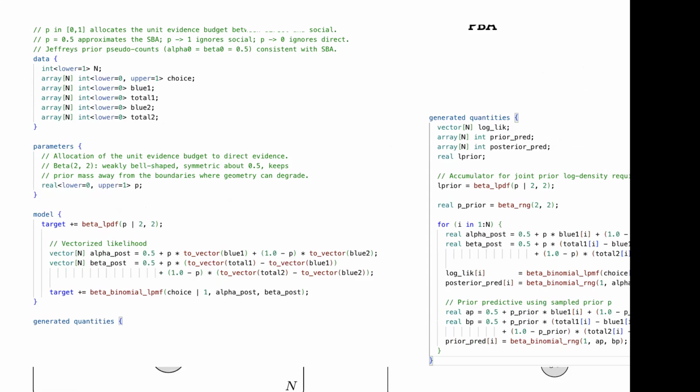So everybody lies on the floor. Okay, this is great. Well, let's see.